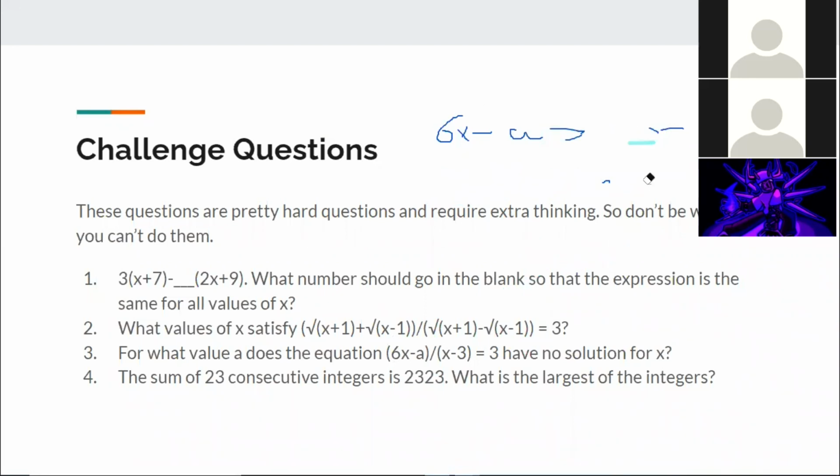So when a is equal to 18, we're going to get 6x minus 18 is equal to 3x minus 9. And the only solution to this equation is when x is equal to 3.